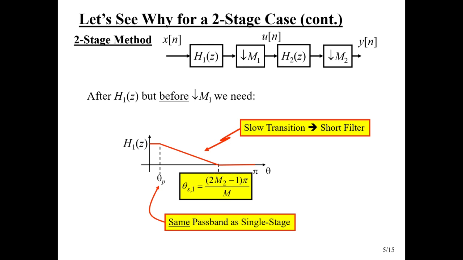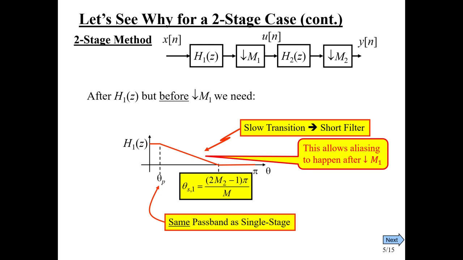Okay, so we've established that that's farther out. And I'm also saying that it's farther out than pi over M1. So if we think about rewriting M as M1 times M2, we can show that this is bigger than pi over M1.